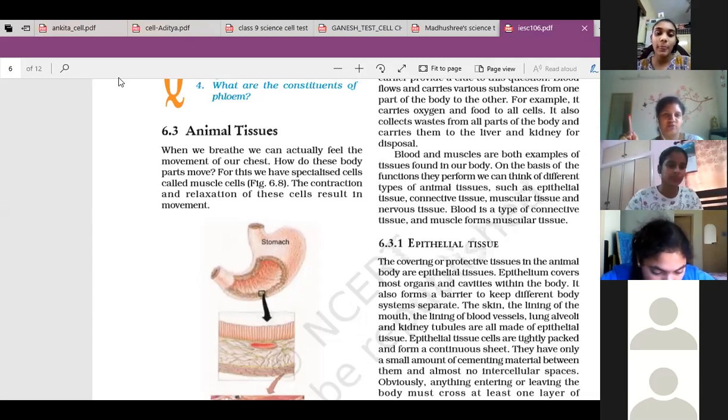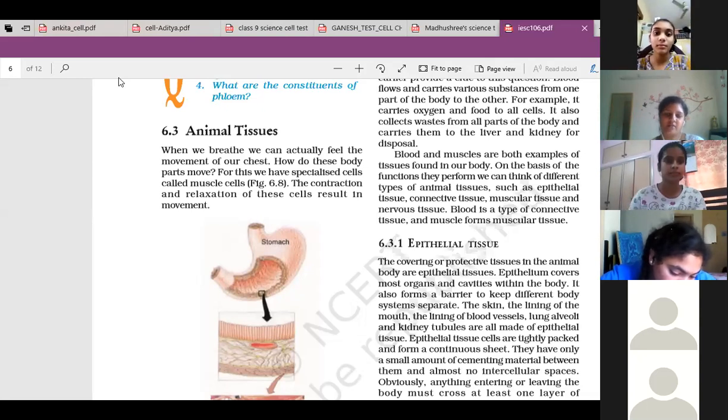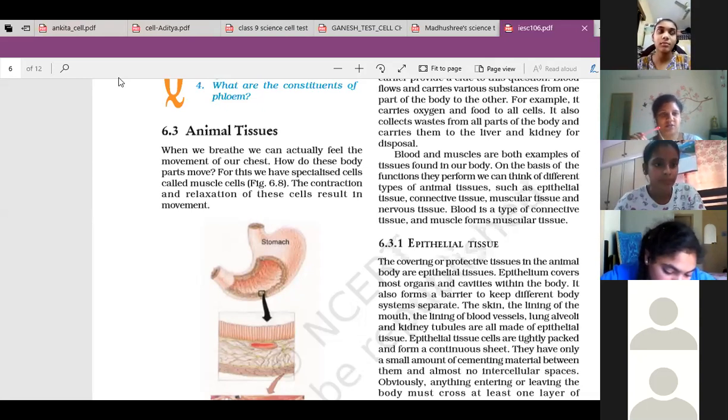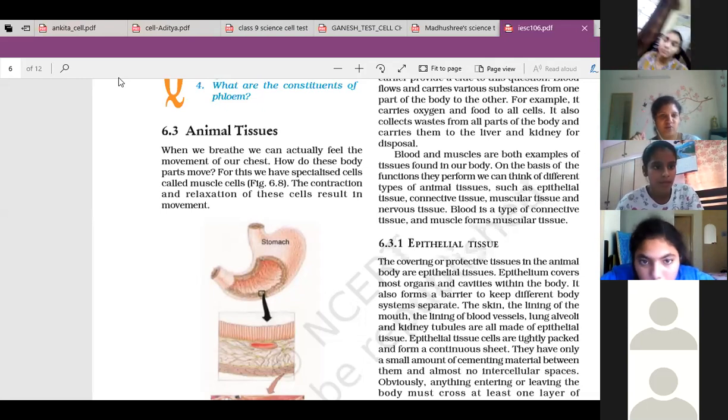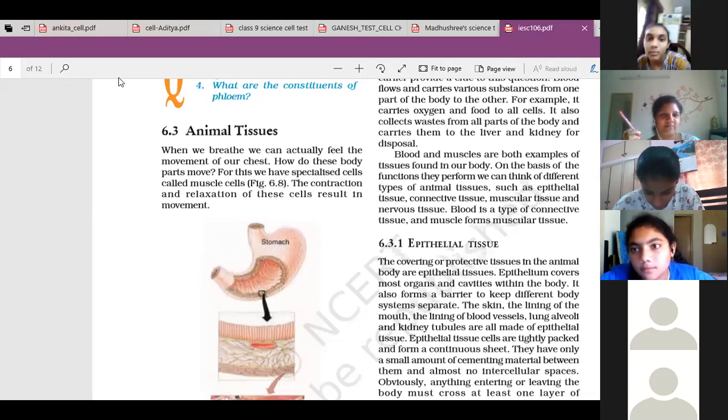Only simple permanent tissues, that is parenchyma, collenchyma, sclerenchyma tissues, and meristematic tissues, only this much is asked. But learn phloem also, because sometimes if their mind changes, they can ask it. So you should be ready for phloem tissues. Clear?